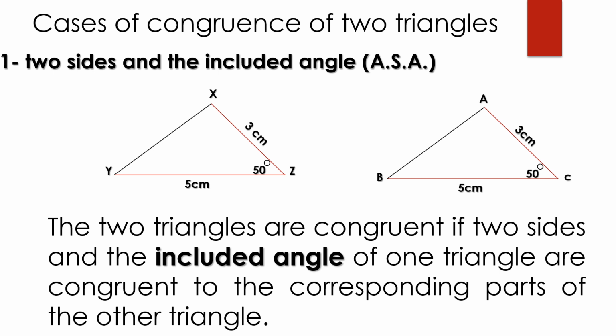In the 2 triangles ACB and XZY, if the side AC equals the corresponding side XZ equals 3 cm, and the side CB equals the corresponding side in the other triangle ZY equals 5 cm, and the included angle between these 2 sides in the first triangle, C, equals the included angle in the second triangle, Z, equal 50 degrees, then they are congruent.